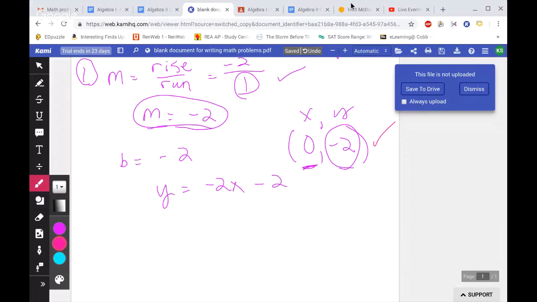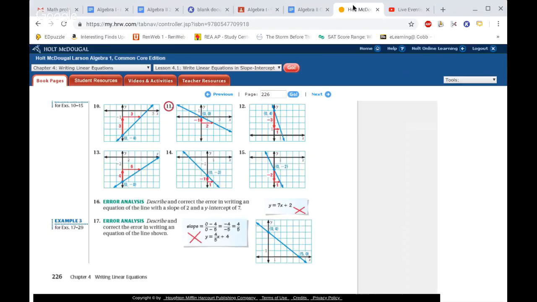Okay? All right, let's look at number 17 for the error analysis. So you have 2 points here, 0 and 4, and 5 and 0. So basically we have an x-intercept and a y-intercept. What did they do wrong? Anybody know?